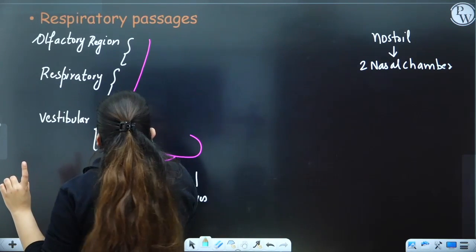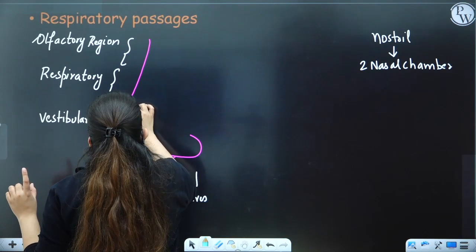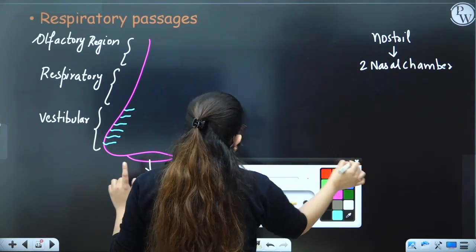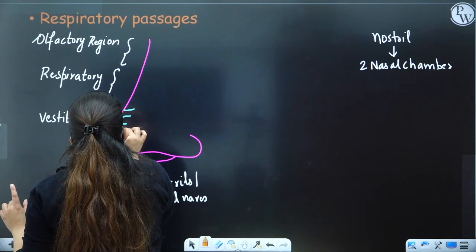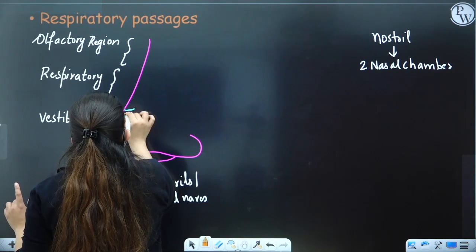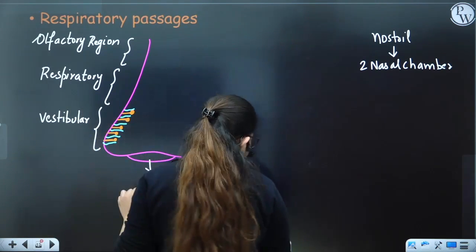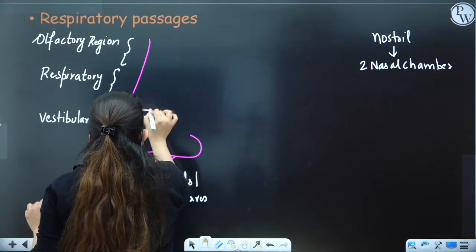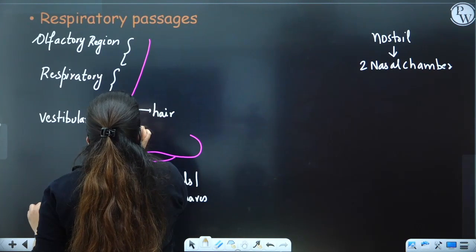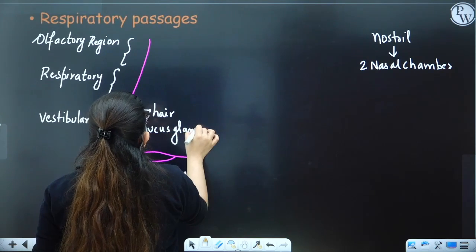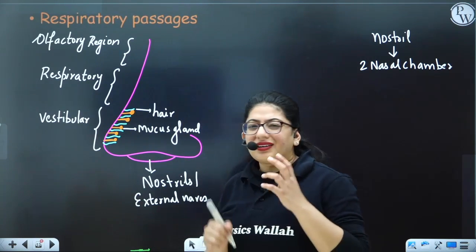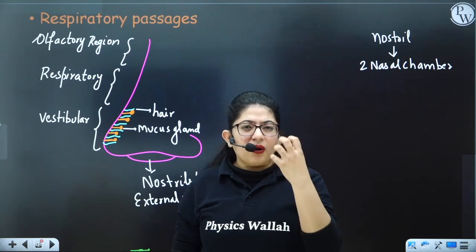In the vestibular region, we have small hair, and the mucus gland is also present. Whenever you catch a cold or flu, a lot of mucus comes running out of your nose.